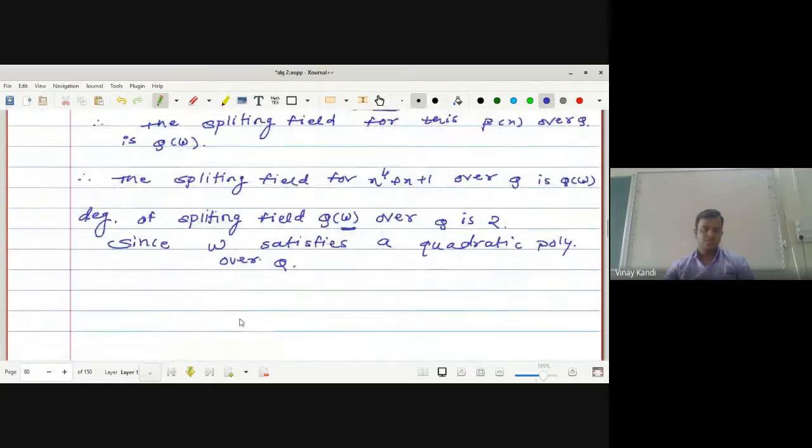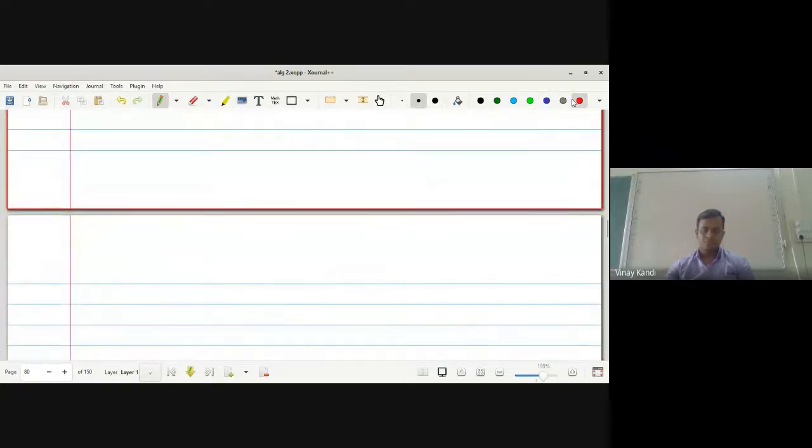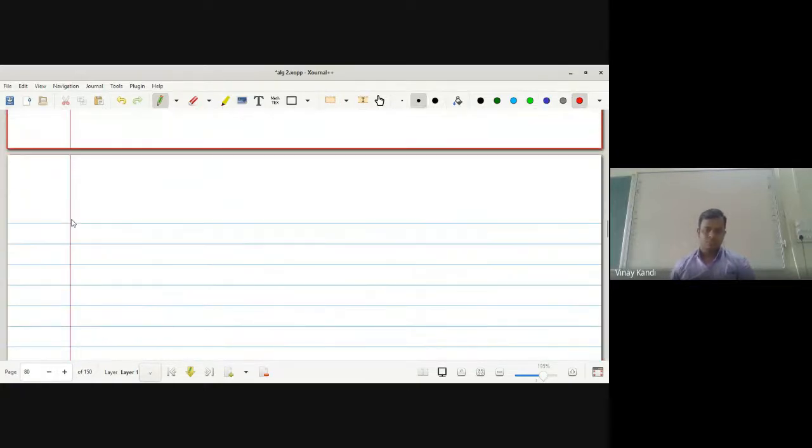Now the next theorem. What is the statement?